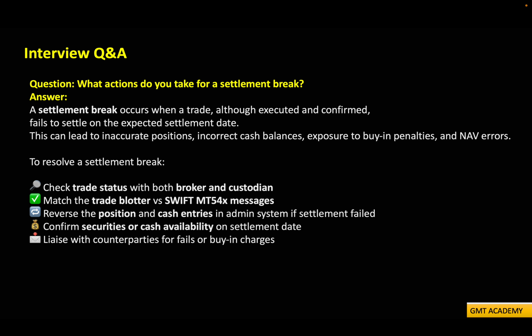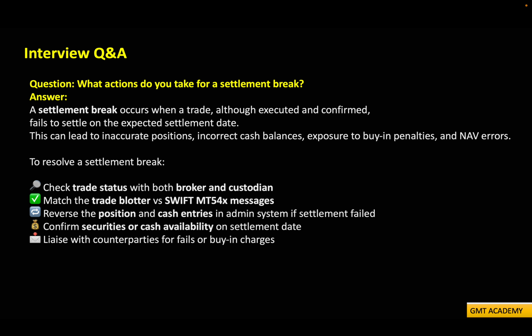We can resolve this break by understanding each and every thing. Check the trade status with both the broker and the custodian: whether the broker has settled or not, whether the custodian has settled or not, and which counterparty is failing. Match the trade blotter with the settlement instruction, like the SWIFT message as well.